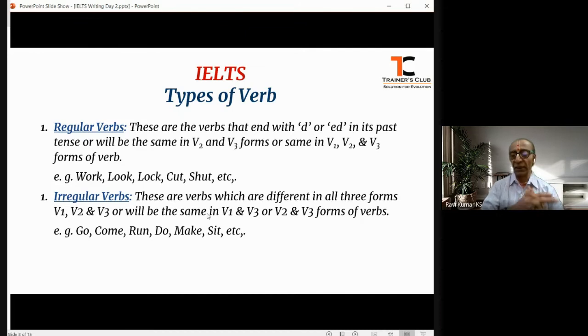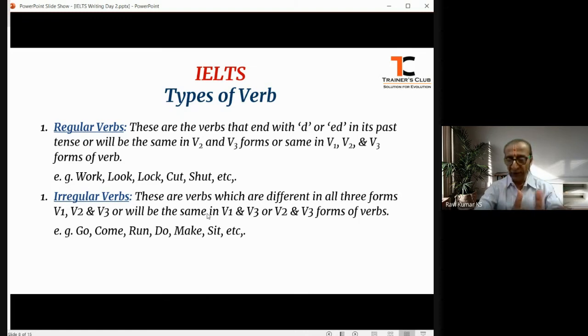Then the irregular verbs. Irregular verbs means, okay, V1 and V2 will be different. They will not be the same. They vary. V1 and V2 will be of two different types.